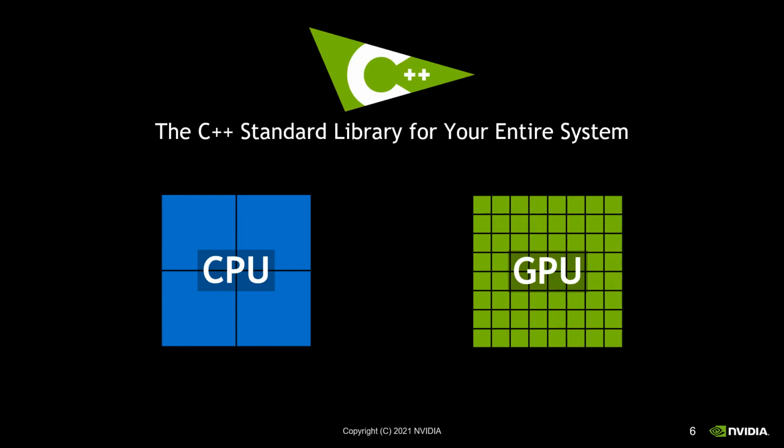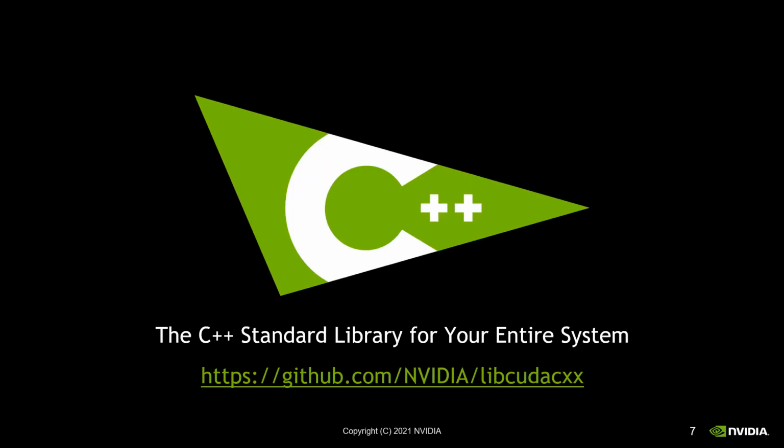We wanted a C++ standard library that can be used everywhere, on CPUs and GPUs. So we built one, the C++ standard library for your entire system. It's open source and available today on GitHub, in the NVIDIA HPC SDK, and in the CUDA toolkit.